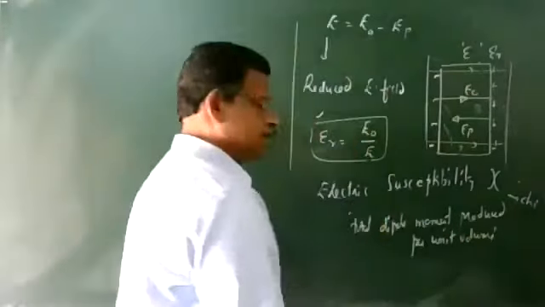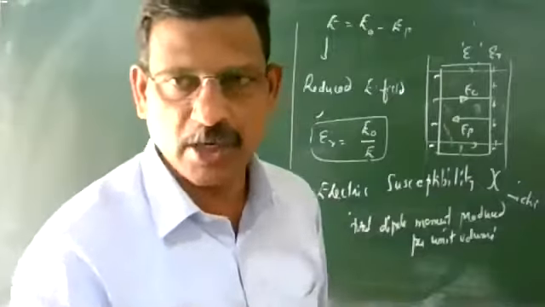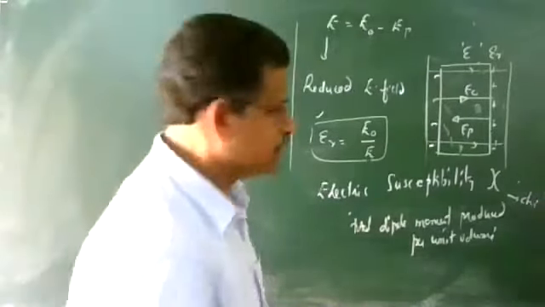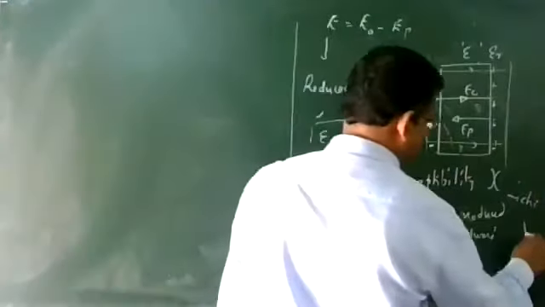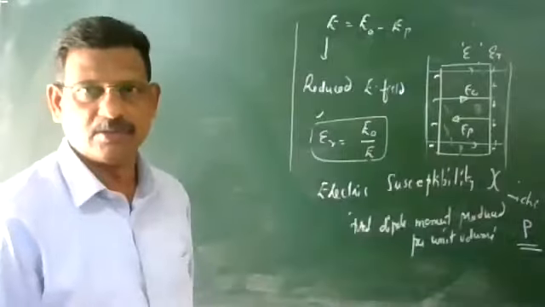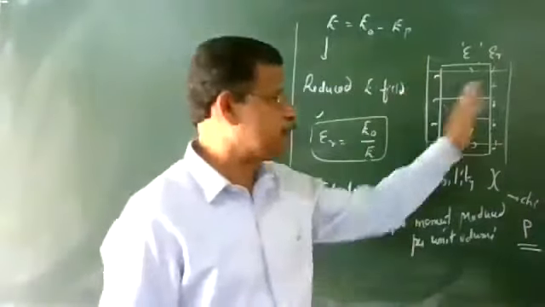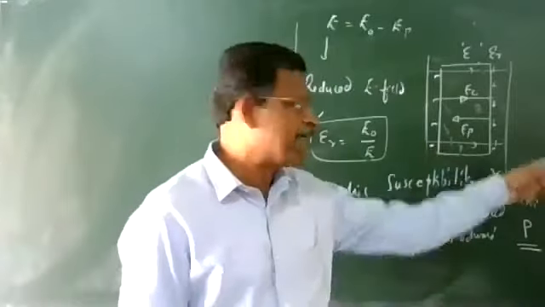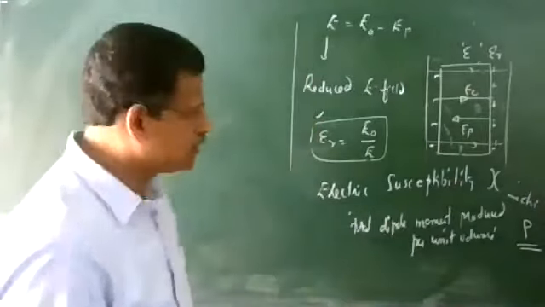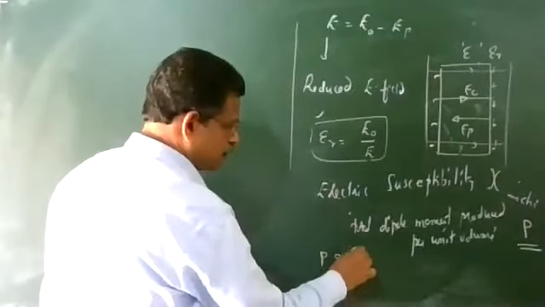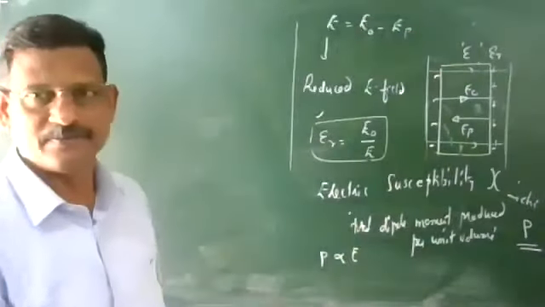We are introducing a term here. There will be a dipole moment for each dipole, and we are finding the dipole moment per unit volume. This is represented by capital P. The dipole moment is the charge concentration on one side times the total length of the dipole. This total dipole moment is directly proportional to the reduced electric field.